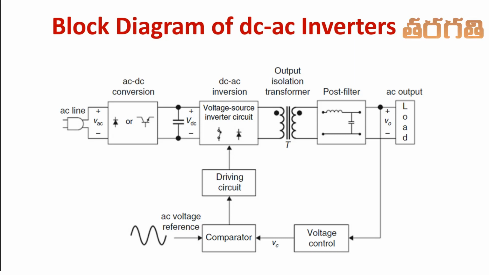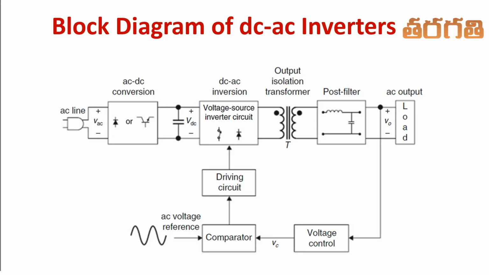So it is a conventional UPS block diagram, uninterruptible power supply block diagram. Here we take supply from the source and that AC voltage is converted into a DC voltage. This can be achieved by using a phase controlled rectifier or uncontrolled rectifier.